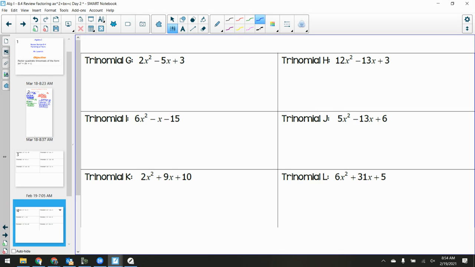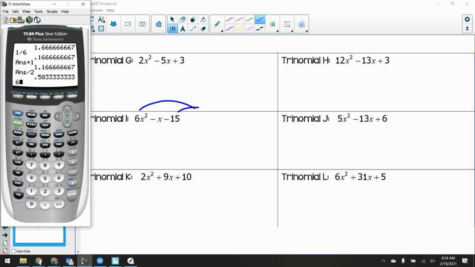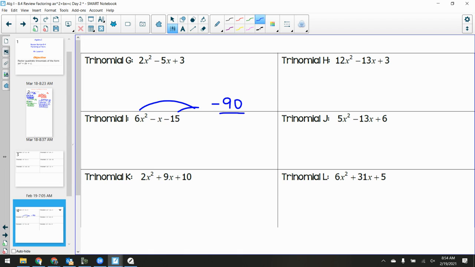Okay, so if you'd like to follow along and check this answer for yourselves, by all means, let's go for it. I've got 6 and negative 15. That gets me, well, I don't know, 6 times 15 off the top of my head. 90. Negative 90. Okay. I'm not very familiar with the factors of negative 90.